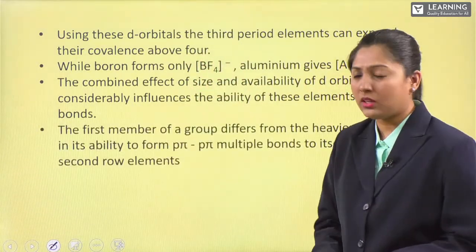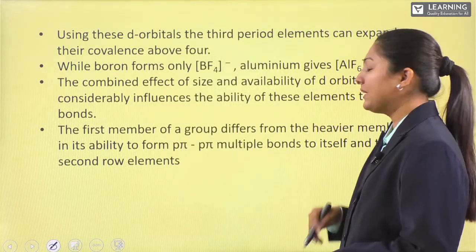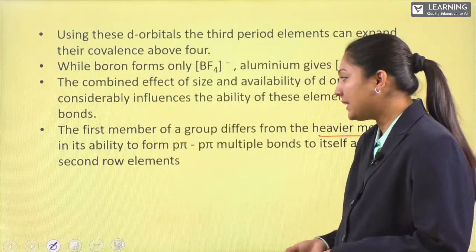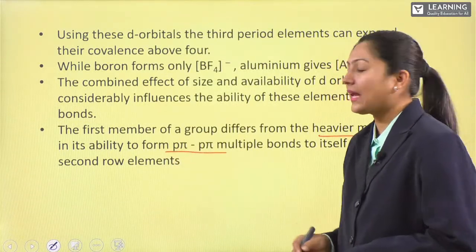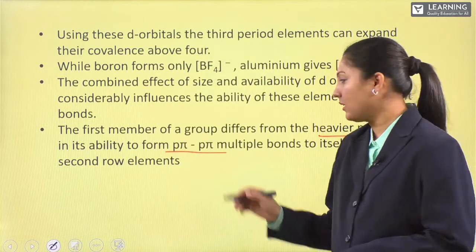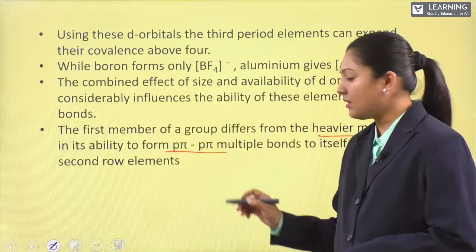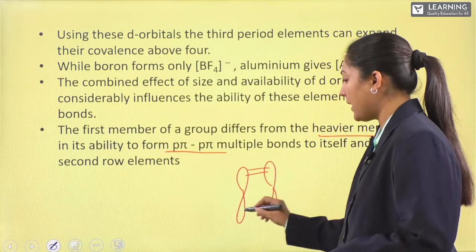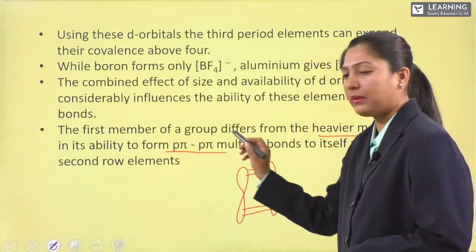The first member of a group differs from the heavier members in its ability to form p pi multiple bonds. It means we have p orbitals forming the pi bond, which is given by p pi.